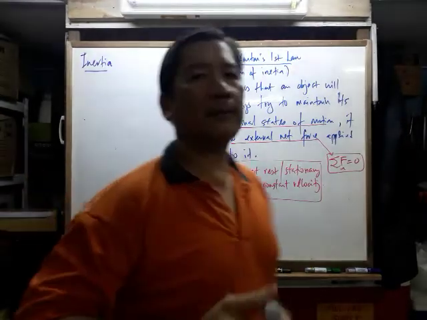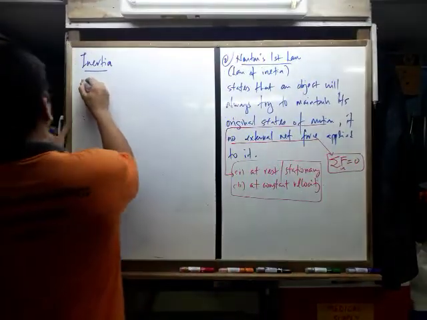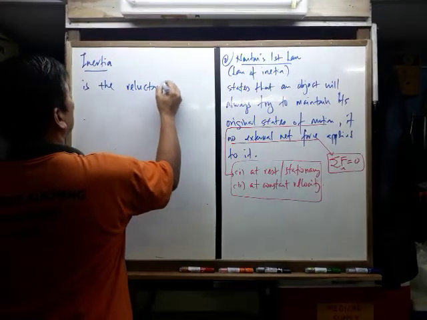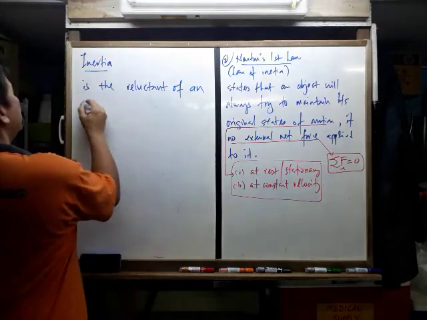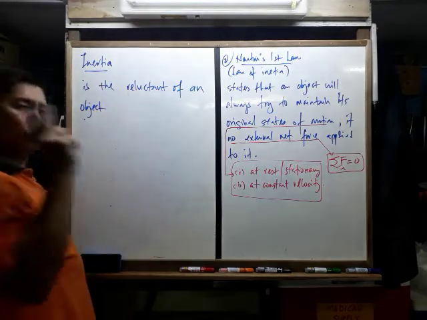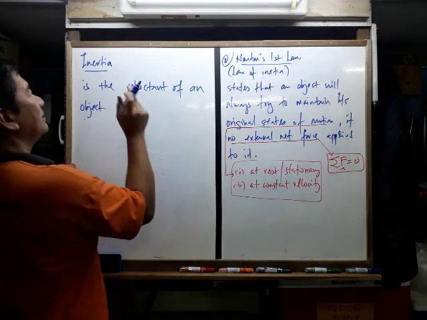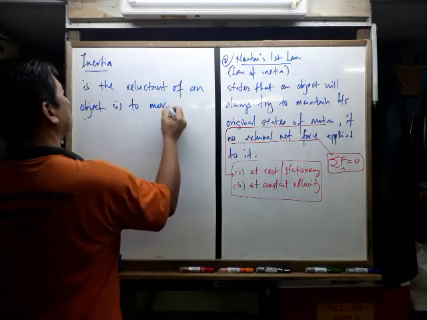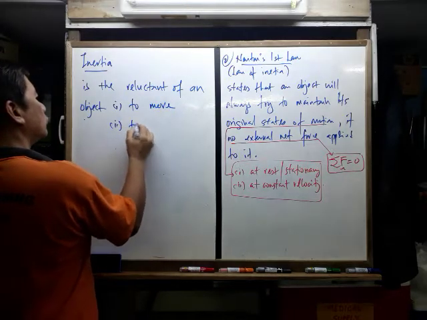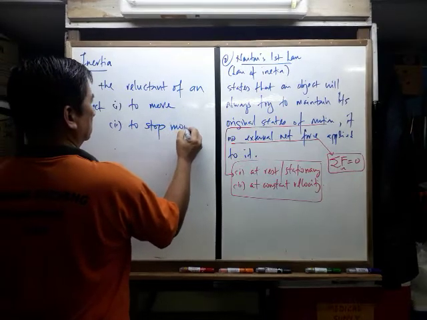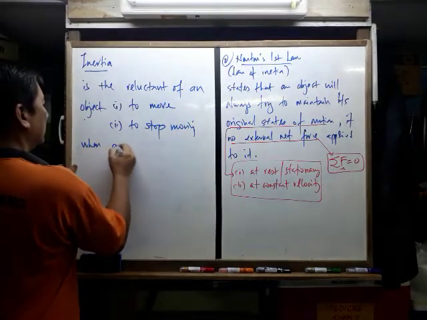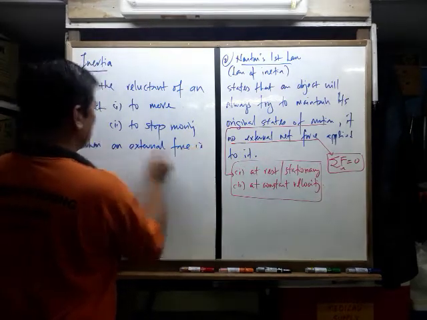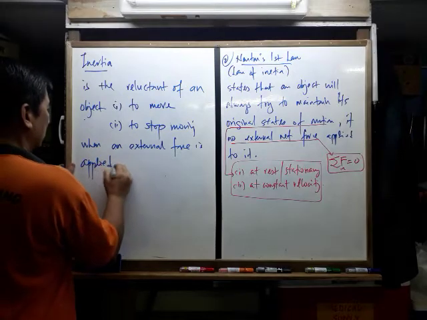The concept of inertia is the reluctance of an object, there are two possibilities, the reluctance of an object, number one, to move, number two, to stop moving, when an external force is applied.